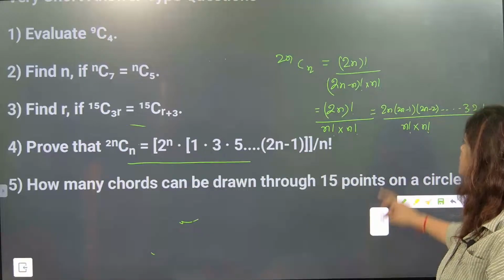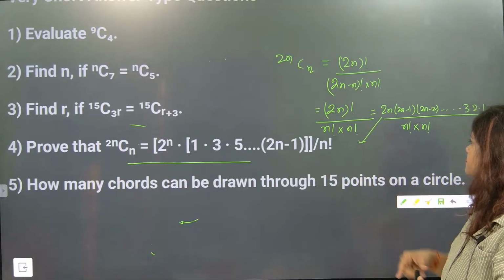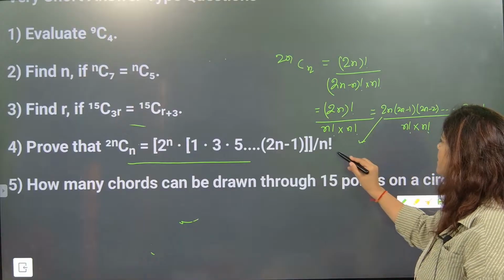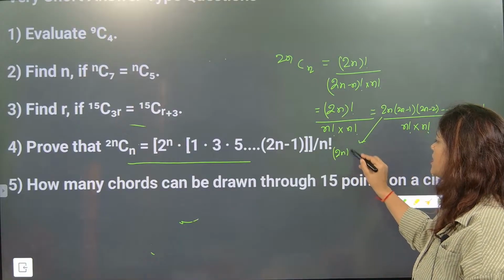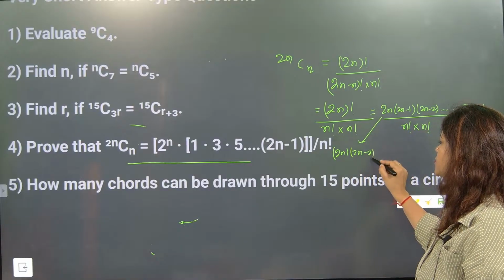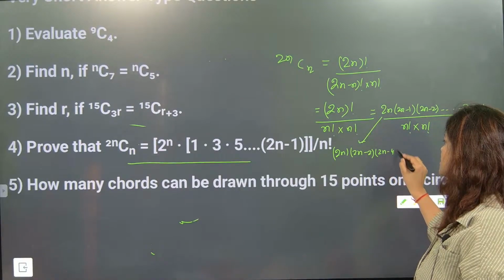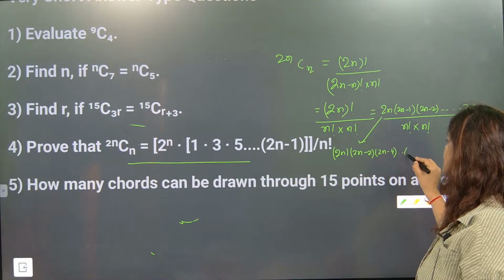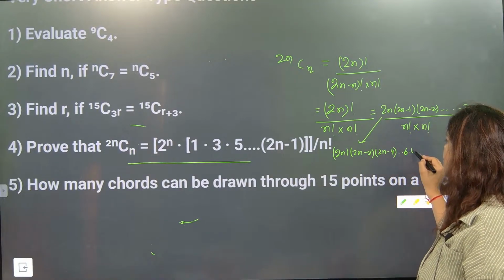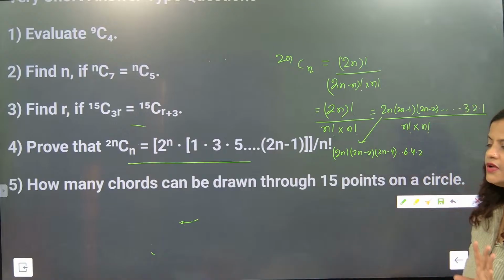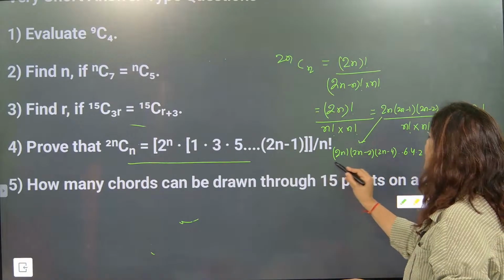So after that I am using this space here. So here we will write 2n. All even numbers separate: 2n, 2n minus 2, 2n minus 4, and then 6 into 4 into 2. So all even numbers are taken together. This will be total n terms.